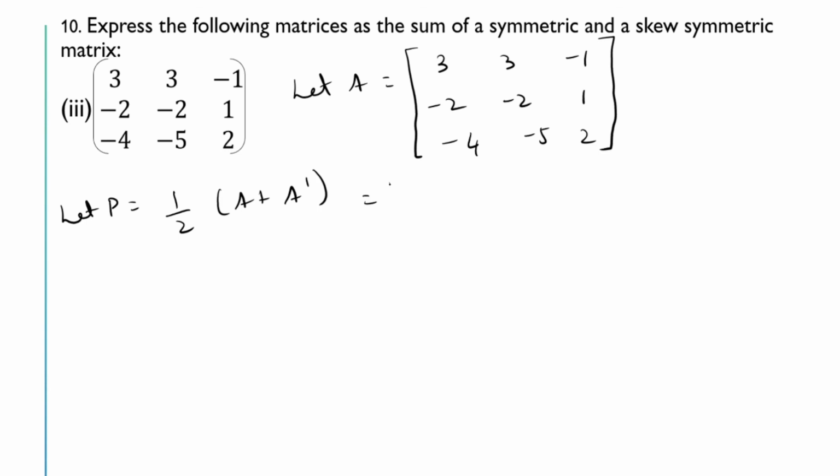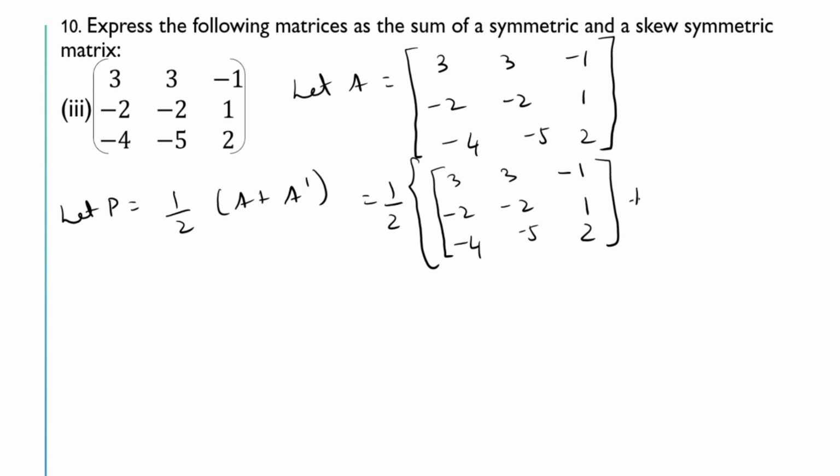So this is equal to half of 3, 3, minus 1, minus 2, minus 2, 1, minus 4, minus 5, 2 plus the transpose of A.